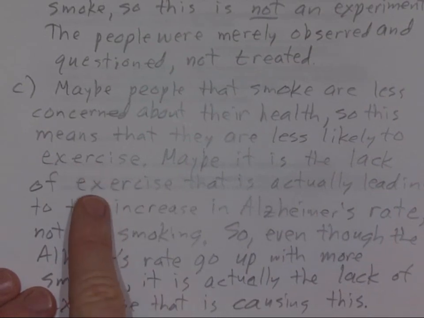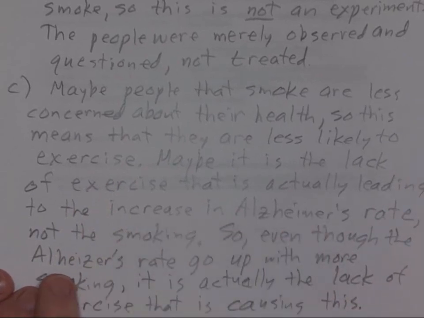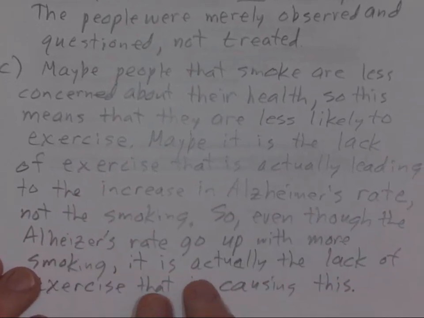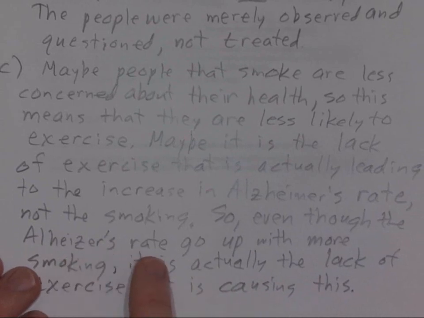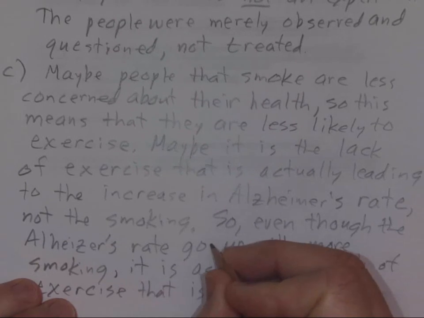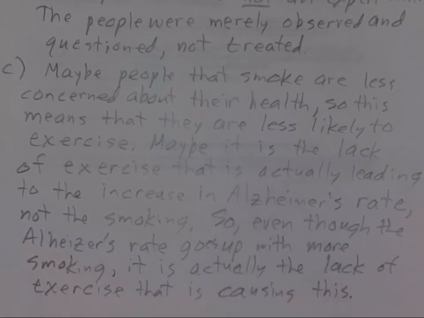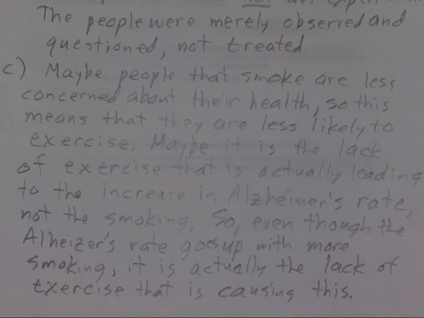Maybe it is the lack of exercise that is actually leading to the increase in Alzheimer's rates, not smoking. So even though the Alzheimer's rate goes up with more smoking, it is actually the lack of exercise that's causing this. The key thing is you have to connect the three variables.